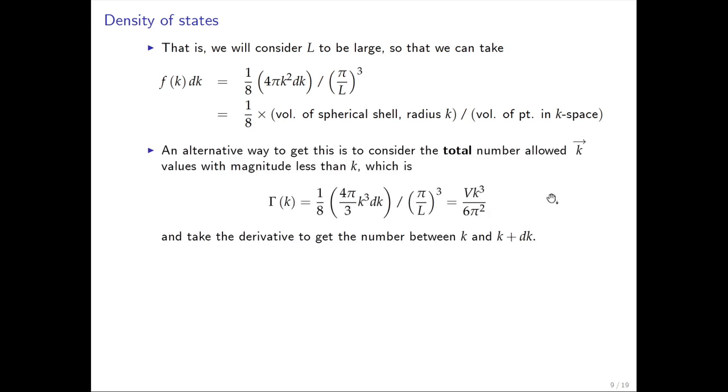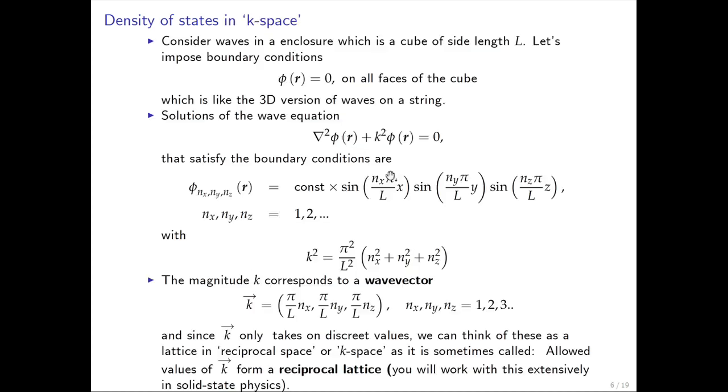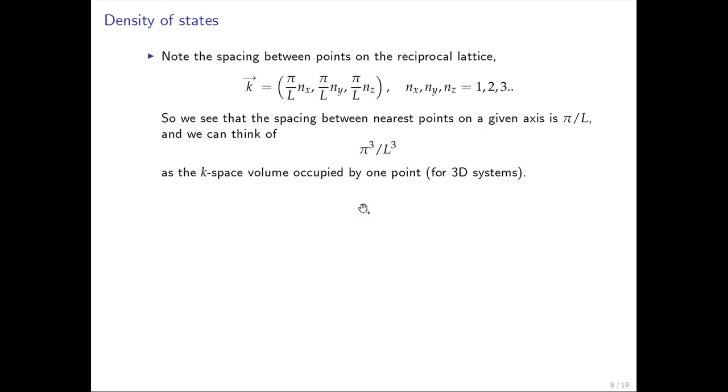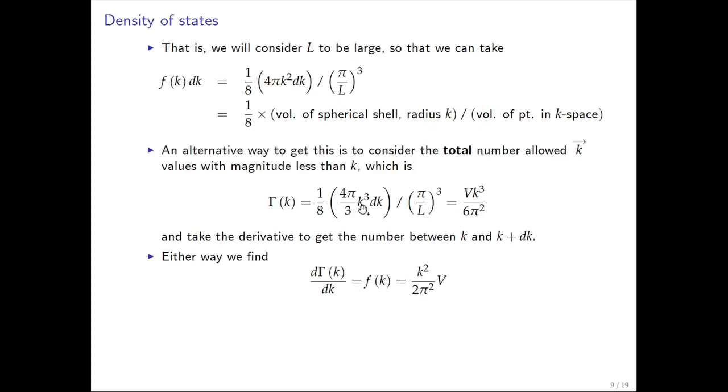Now, there's another way to get this, which is also relatively simple. We could consider the total number of wave vector values with magnitude less than k. That is, that's everything contained in a sphere of this positive quadrant. So we could consider that instead.